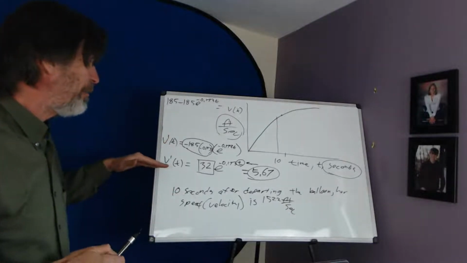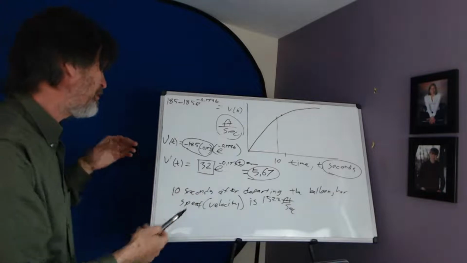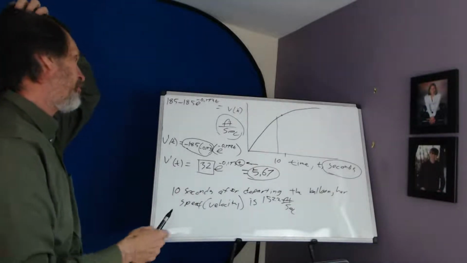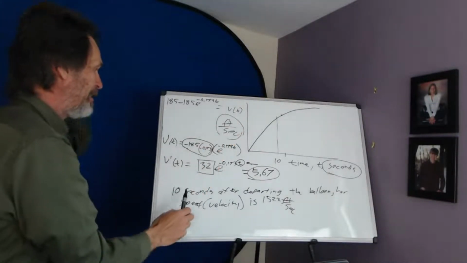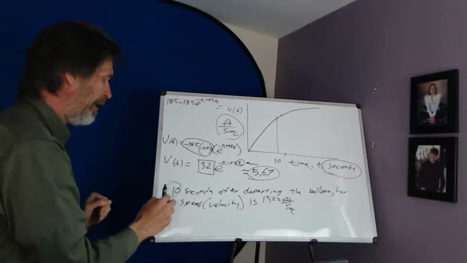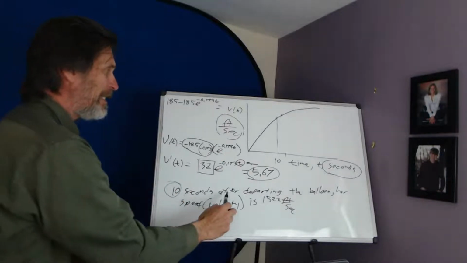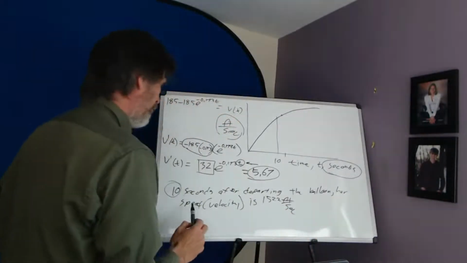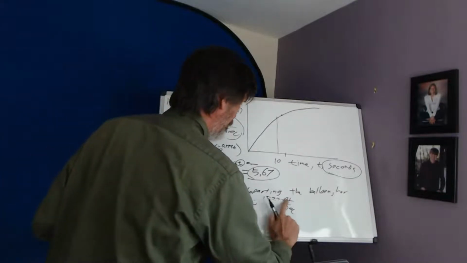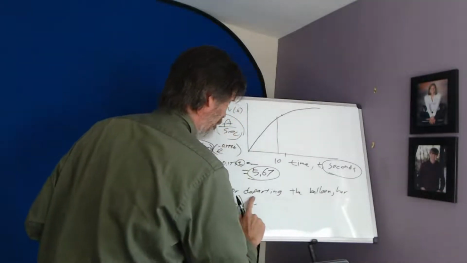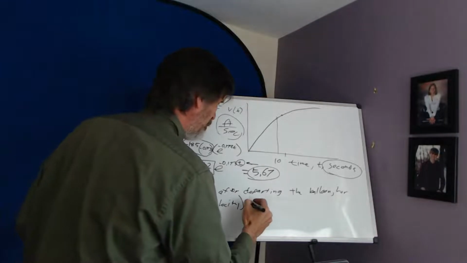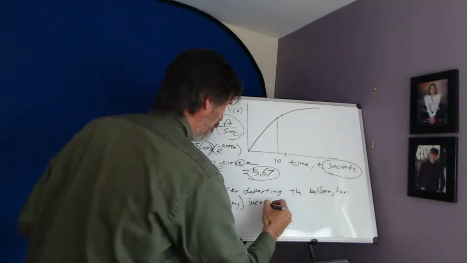The derivative, the marginal analysis function, always runs the same as the original function. We start with the interior, or the inside variable. 10 seconds after departing from the balloon, her speed or velocity increased, not what it was, but now it increased.